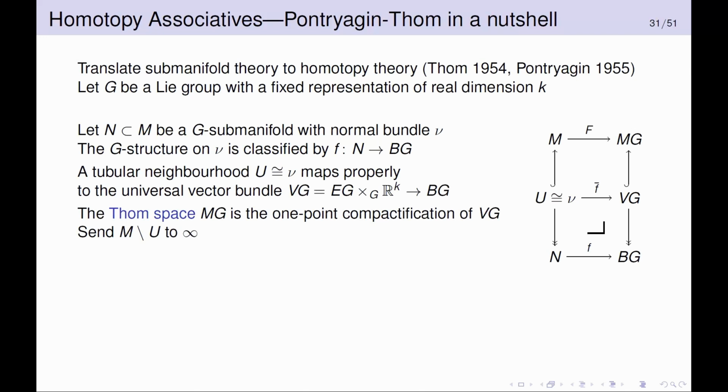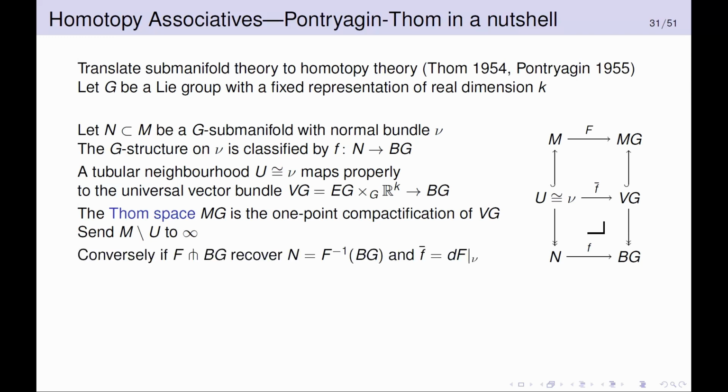That's called the Thom space. And we complete our map by sending every point in M that is not in this neighborhood U to this additional point at infinity. Yeah, this is boring. But that's the Thom construction in one direction.